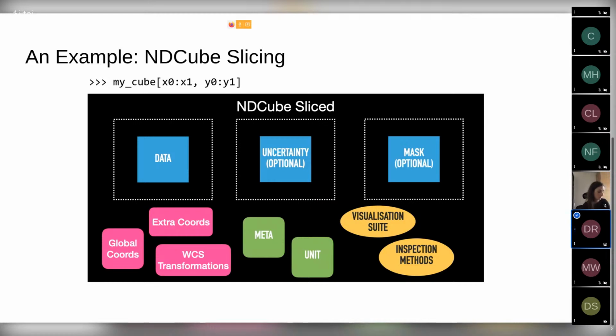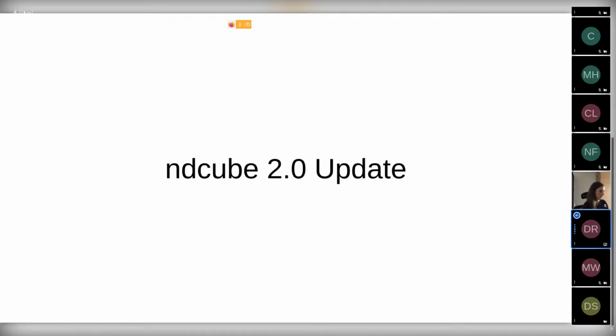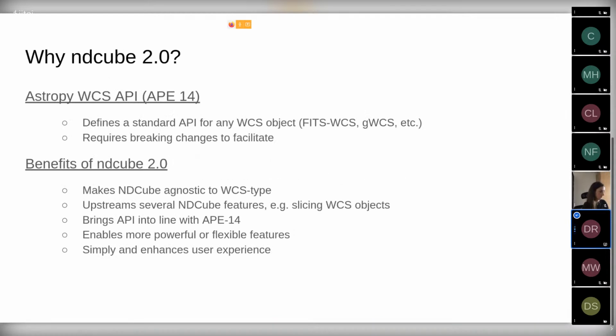Yes, so this actually comes to something I want to say about ndcube 2.0, and that is the main motivation was the adoption of the AstroPy WCS API, namely 8.14. And one of the things this has enabled us to do is to upstream a number of features.